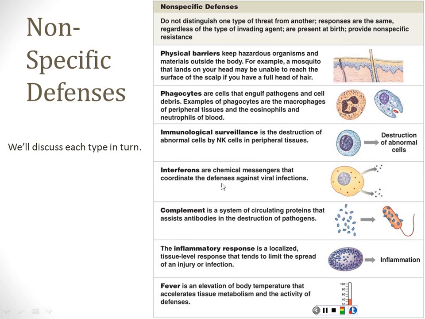Okay, so there's this long list. So one of the first defenses we have, and this is defenses against the outside world, defenses against pathogens, toxins, anything that doesn't belong. So one that is often forgotten about until it fails are the physical barriers. So the thing that keeps most microorganisms out of us is our skin and mucous membranes, those two things.